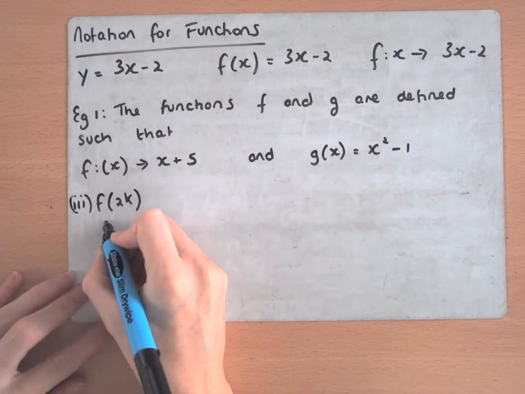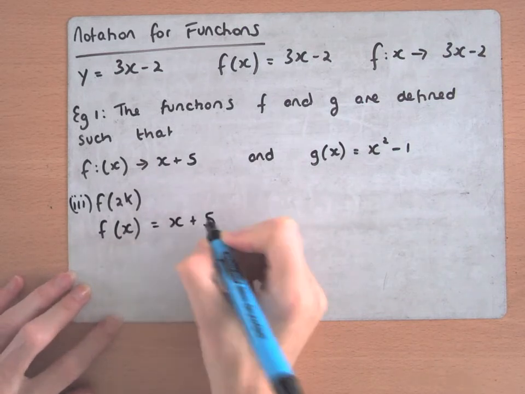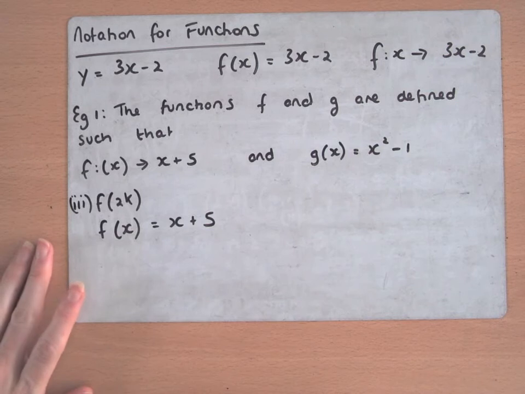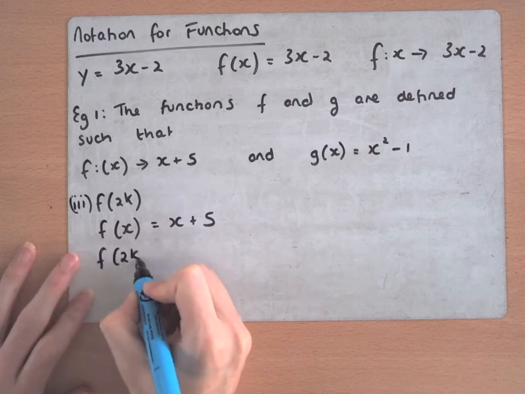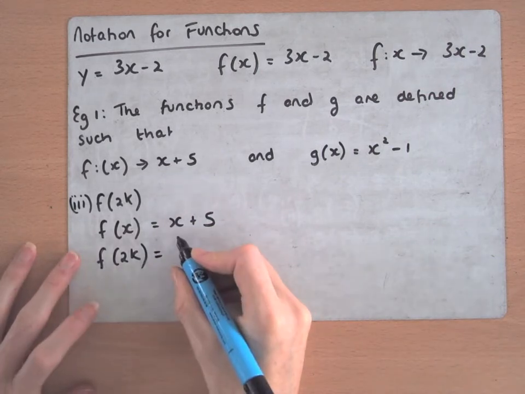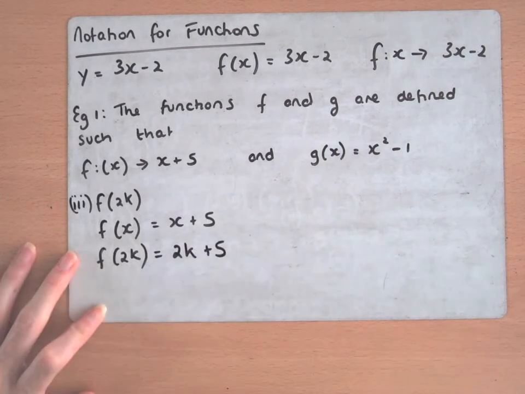So I have to write down my f of x, write down my function. Instead of x, what do I have? 2k. So instead of x over here, what are you going to put in? 2k. That's it, can't do anything with that.